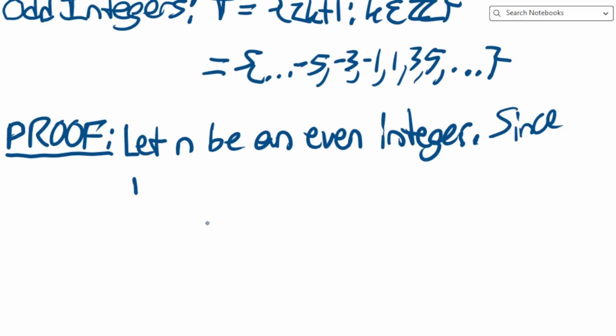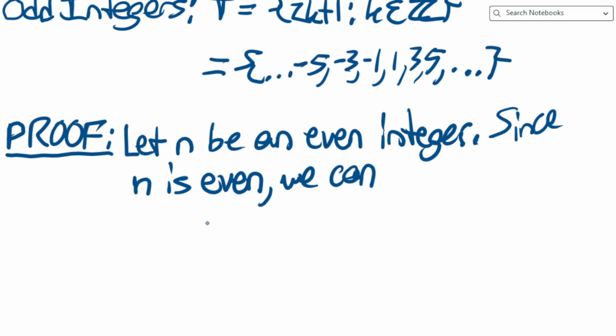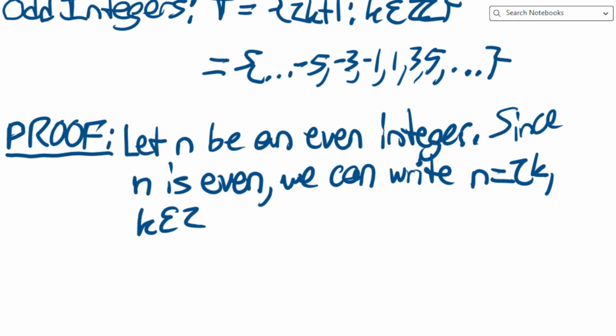Since n is even, we can write n equals 2k, where k is an integer.